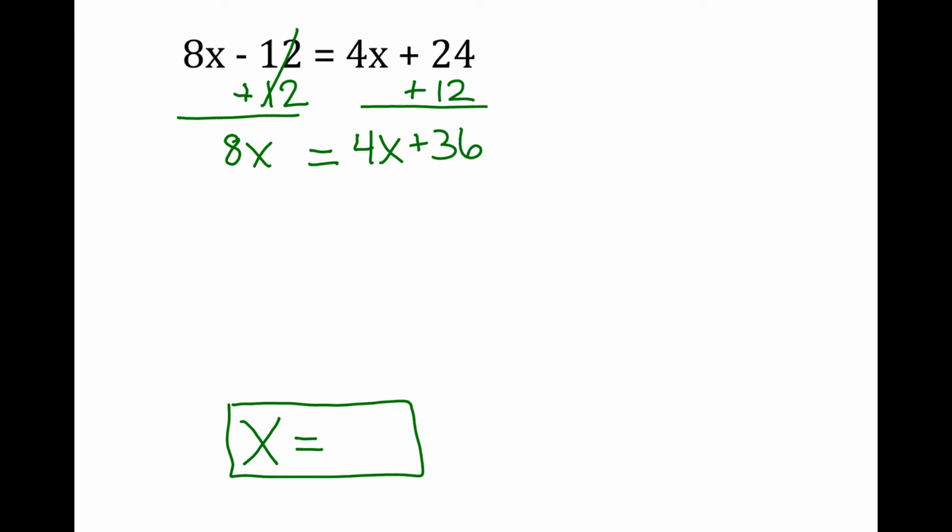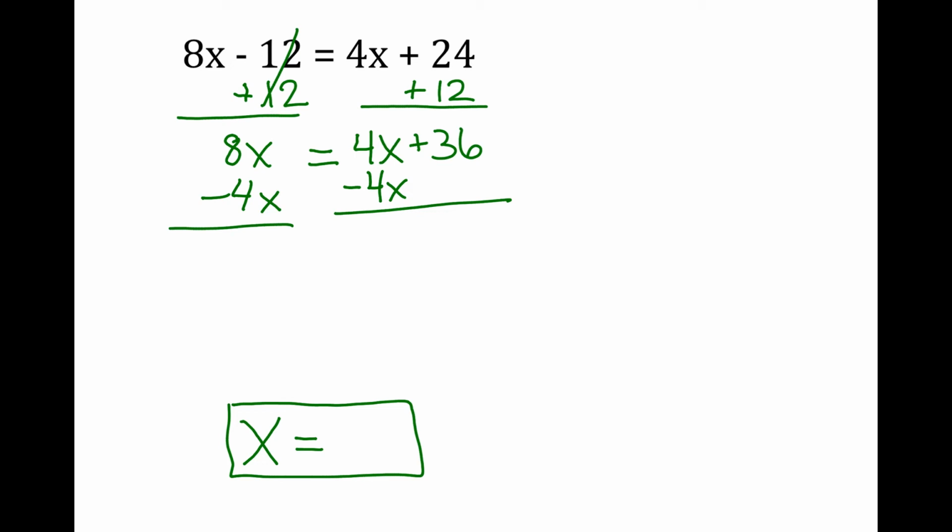Again, we have variable on both sides, so let's make one of them cancel so that they're only on one side. If we notice, the 4x is positive and being added to the 36 over here. So I'm going to choose to subtract 4x from both sides.